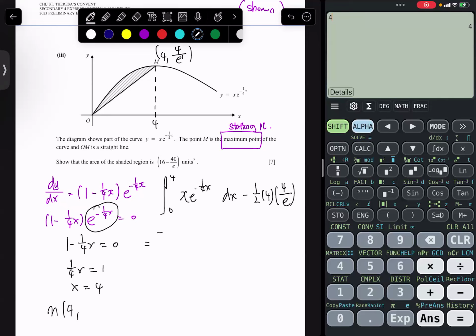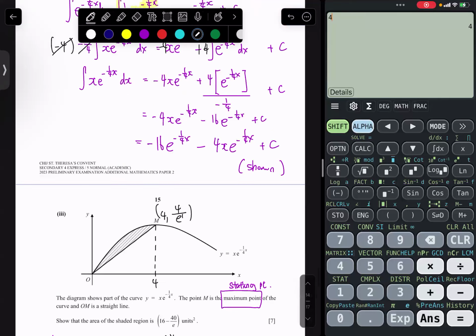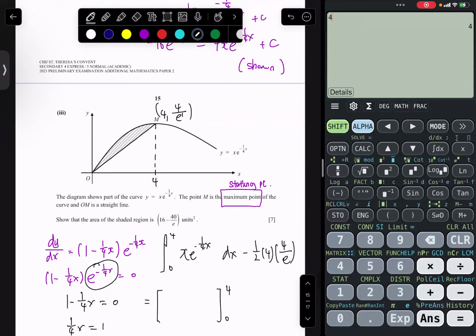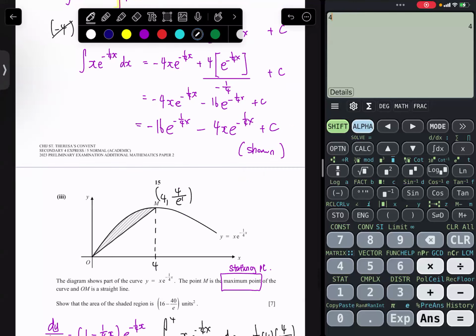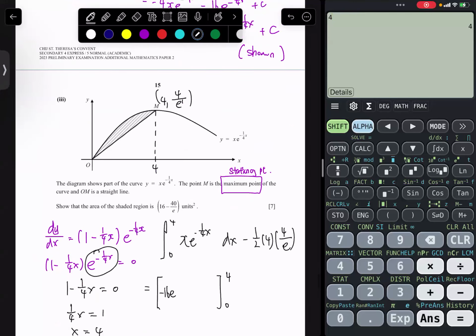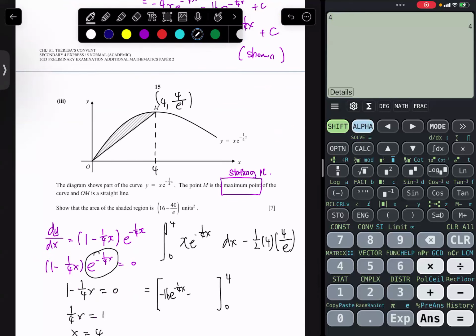Since we already integrated this, it is equal to negative 16 e^(-1/4 x) minus 4x e^(-1/4 x). Oh, actually, this question is quite friendly.